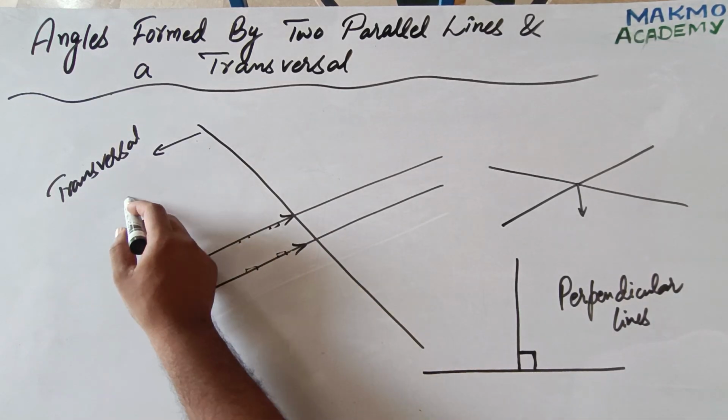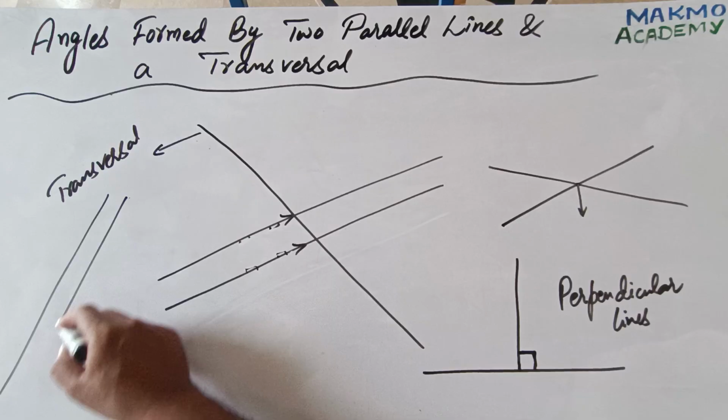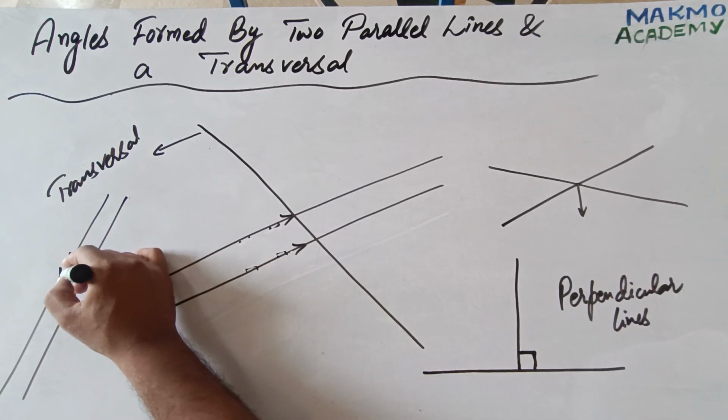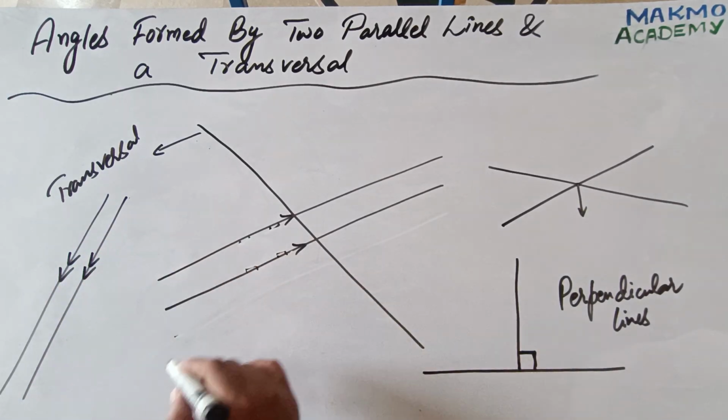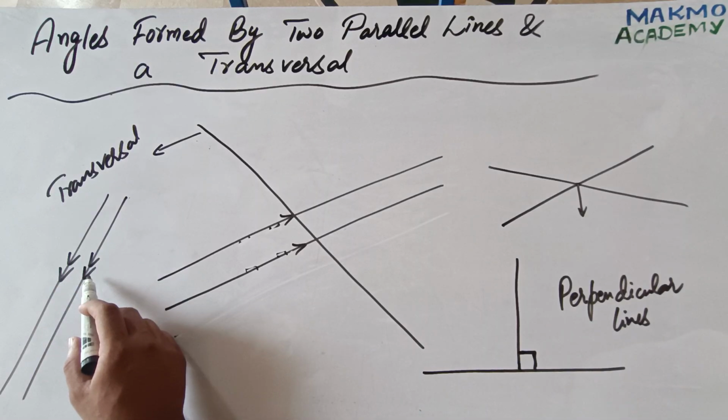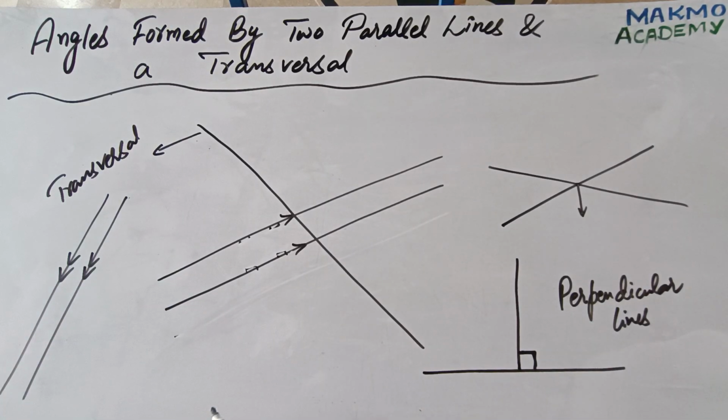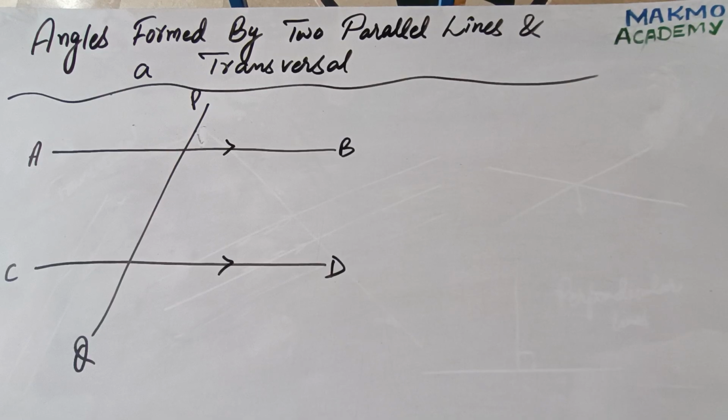There could be another set of lines, in which the number of arrows would be different. Two arrows mean these two lines are parallel with each other. A single arrow means these two lines are parallel with each other. So this is one indication that these are parallel lines.